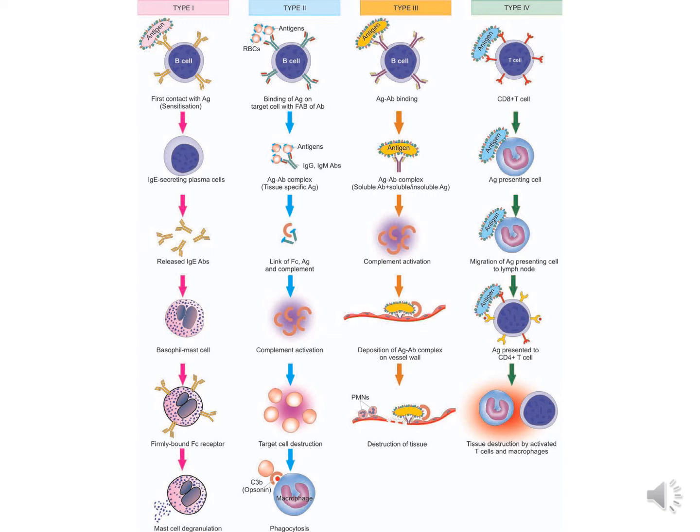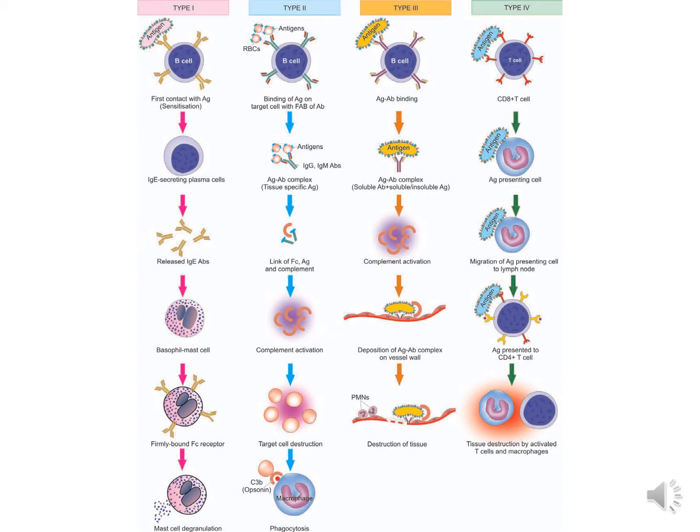Then we see the activation of basophils and mast cells with creation of Fc receptors, and then goes mast cell degranulation, and the granules secrete products involved in inflammatory reactions.